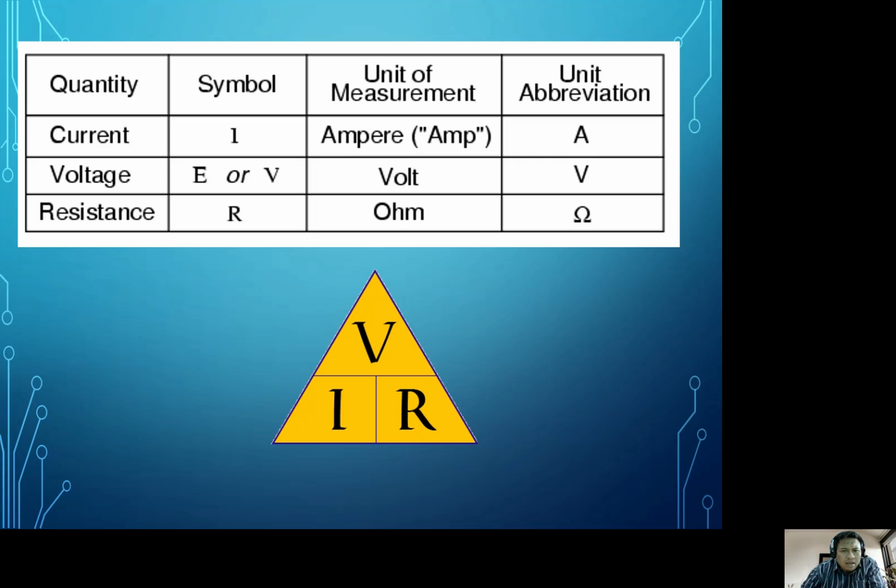Current I, the unit is ampere, the abbreviation is A. Voltage E or V, the unit is volt, the abbreviation is V. Resistance is R, the unit is ohm, and the abbreviation is Ω. V equals I times R.